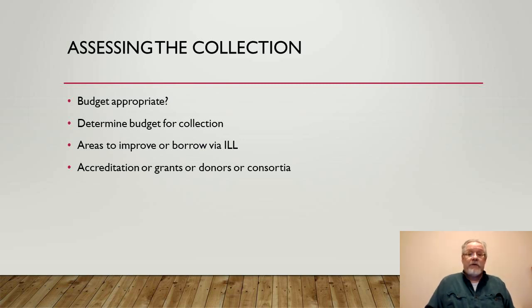Areas that you may have to borrow via interlibrary loan processes, whatever the state that you're in does for electronic interlibrary loan. What areas at that library do you need to improve, or you realize that it doesn't need improving to match the needs of the user, but you may have to borrow more materials.